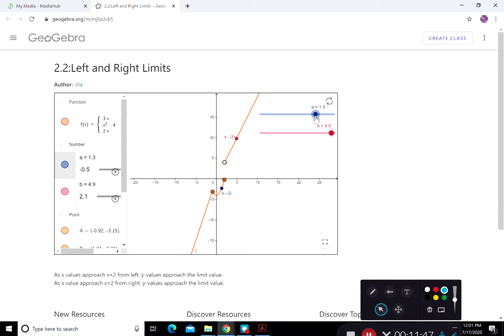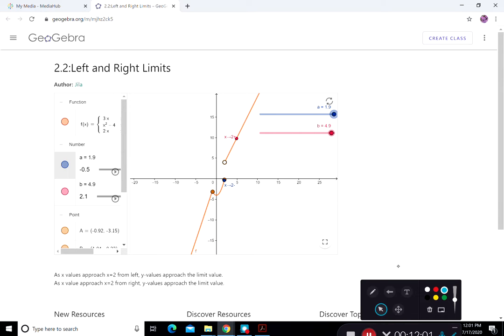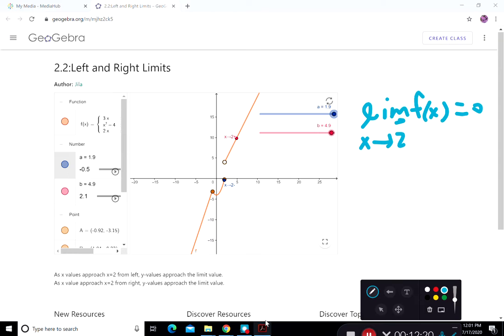See, the y value gets closer and closer to 0. So the left limit as x approaches 2 from the left side of f of x is equal to 0.